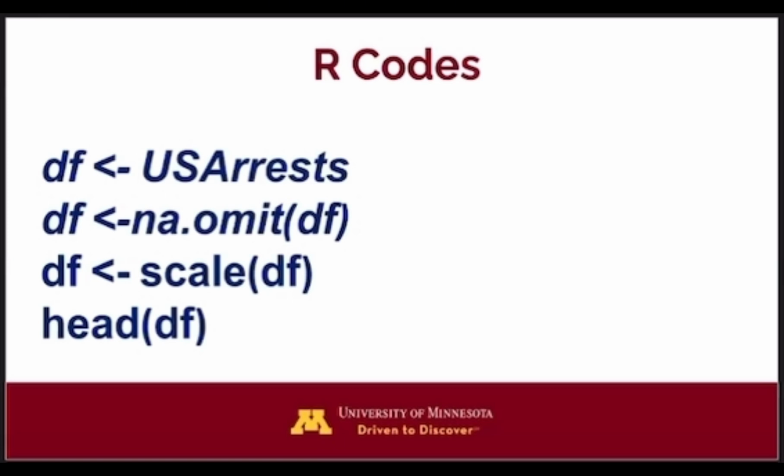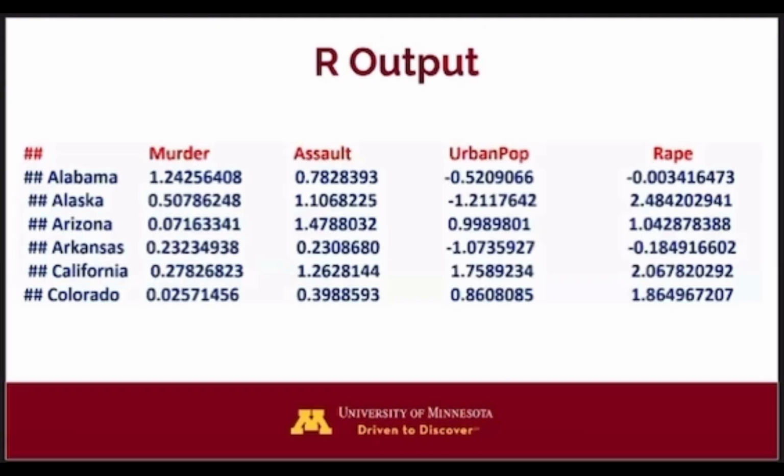Now, if I want to see the head, I'm going to write head on that. I'm seeing that this data set is about crime variables collected across states in the United States. This is the head, and what you see now are standardized values.